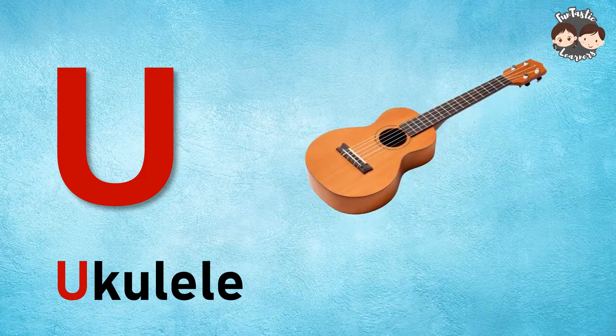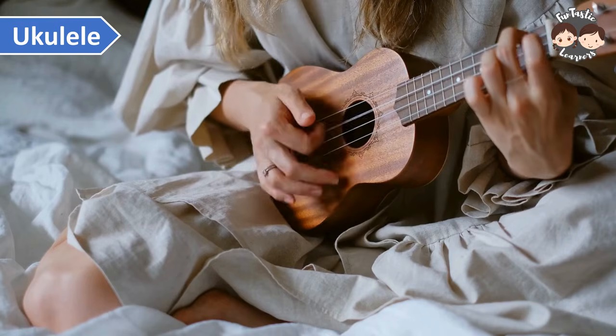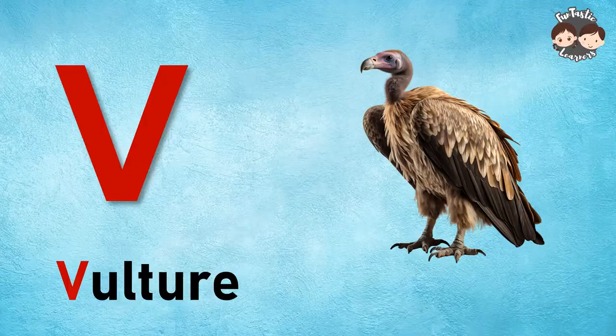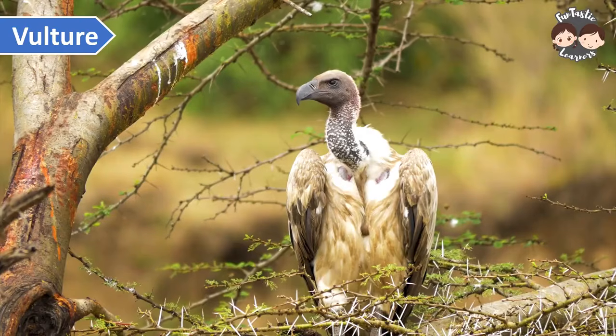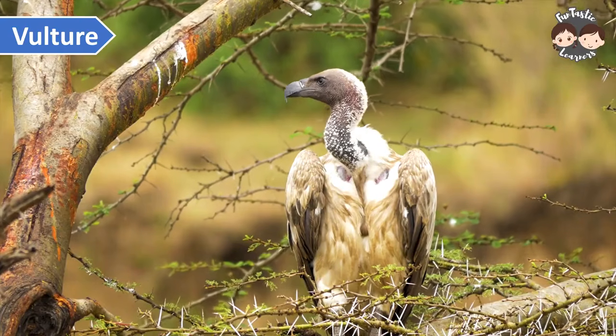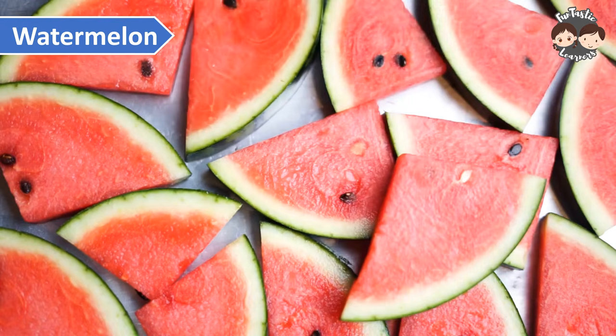U. U for ukulele. Ukulele. V. V for vulture. Vulture. W. W for watermelon. Watermelon.